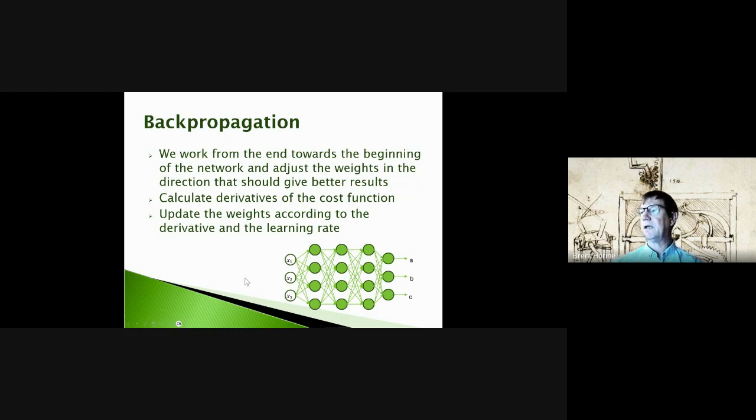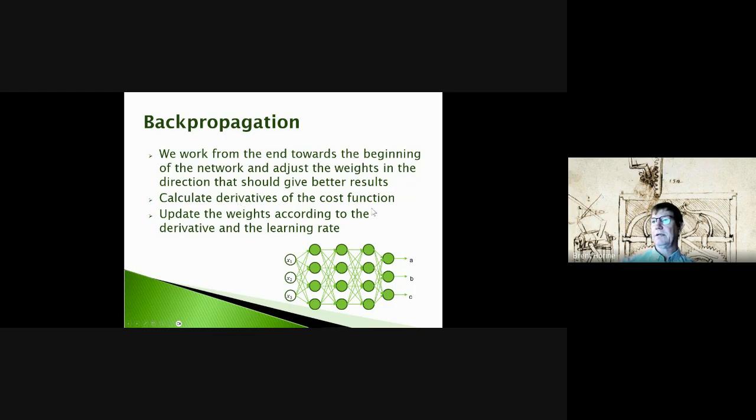So now we've done this forward propagation. We have some predicted outputs. We compare those to our objective outputs, our labeled outputs, and we look at the loss functions and then calculate that cost function.